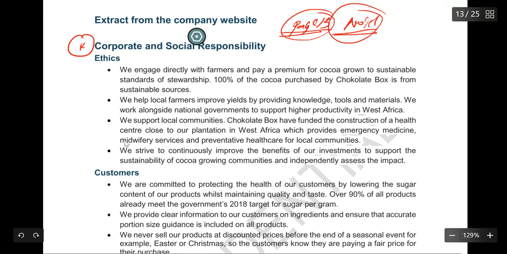We engage directly with farmers, so directly with farmers, and pay a premium for cocoa grown to sustainable standards of stewardship. 100% of our cocoa is purchased from Chocolate Box's sustainable sources. So again, students, sustainable sources. We help the local farmers improve yield by providing knowledge, tools, and materials. That's a CSR responsibility. We work alongside national government to support higher productivity in West Africa.